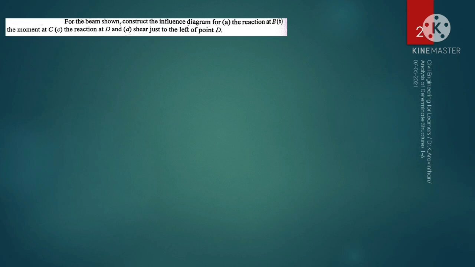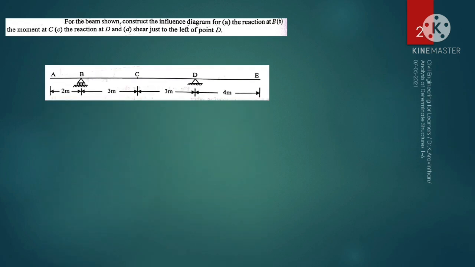For the beam shown, construct the influence line diagram. First, we have to find the reaction at B. So what happens when a load is moving through this overhanging beam?